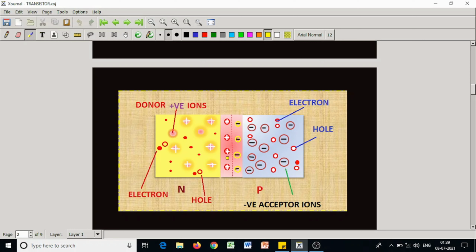Thus, at the junction, due to recombination of holes and electrons, this region becomes depleted of mobile charges.